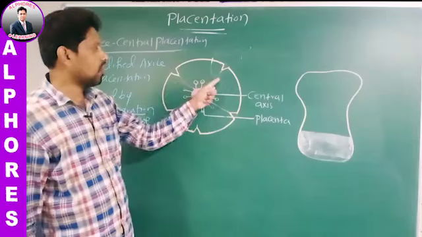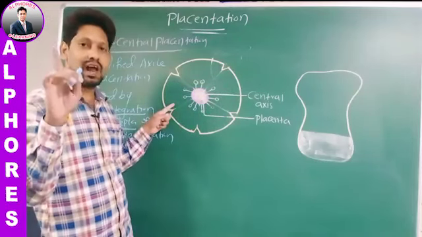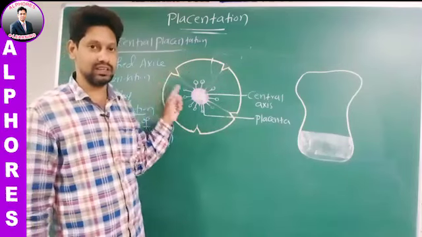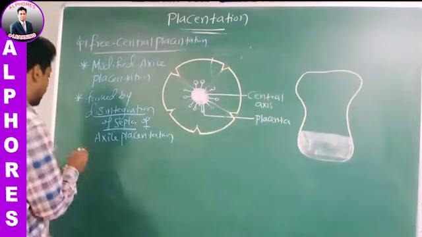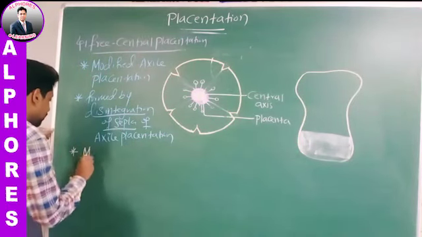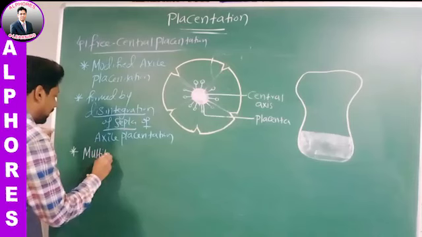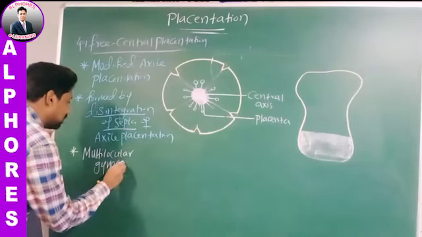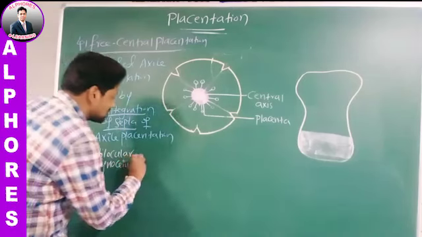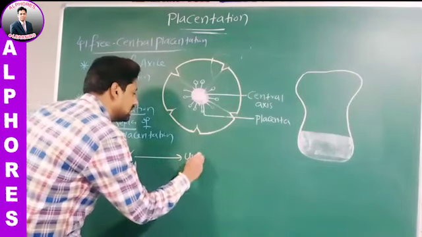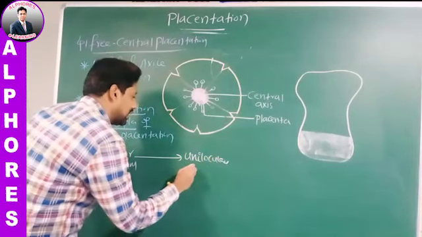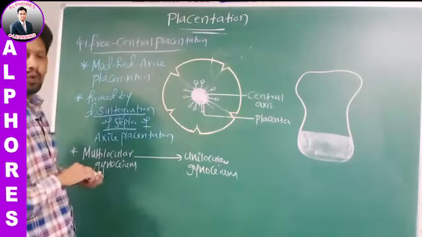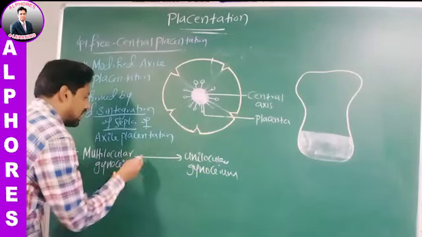No. Therefore, how many locules are there? Only one locule. It means the multilocular gynoecium has changed to a unilocular gynoecium due to the disintegration of septa.